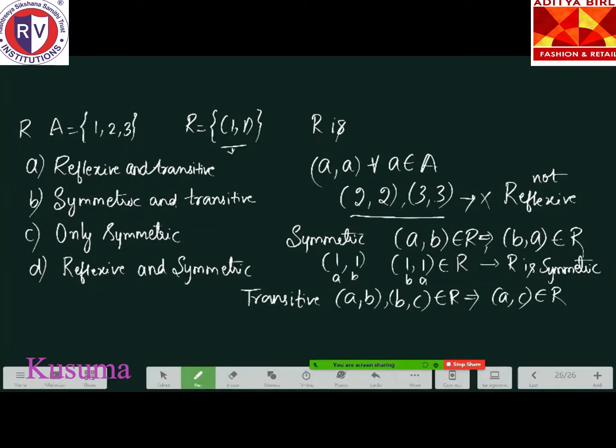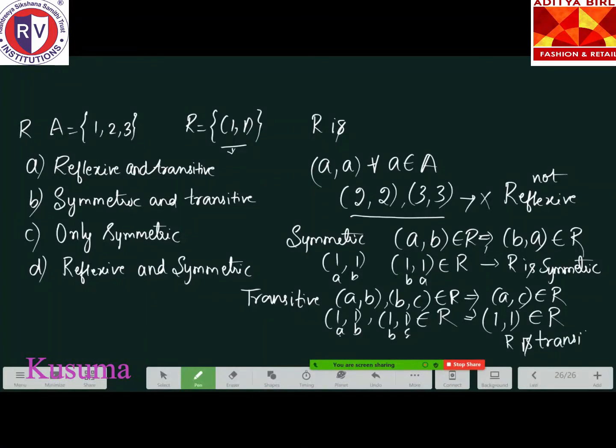So this is what transitivity says. Since there is only one element, I will consider a comma b as 1 comma 1 and b comma c also 1 comma 1. These elements belong to R. Let this be a comma b and this be b comma c. Now a comma c must belong to R. What is a? 1. What is c? 1. So clearly 1 comma 1 belongs to R. Therefore R is transitive.